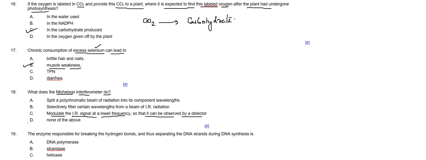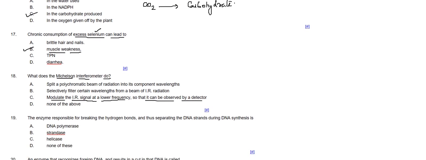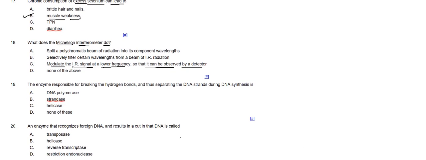Okay, next, number 19. The enzyme responsible for breaking the hydrogen bond and thus separating the DNA strands during DNA synthesis is helicase.